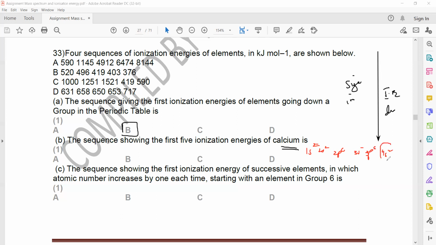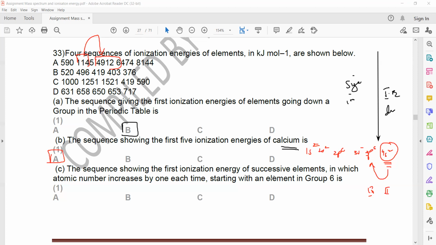So when we remove electrons, the first two should be closer, and then there should be a big jump between the second and third ionization. So 590, 1100, and when you compare this jump, it's about 5000. So it's a big jump moving from the second to third ionization. So for calcium, A is the right answer.